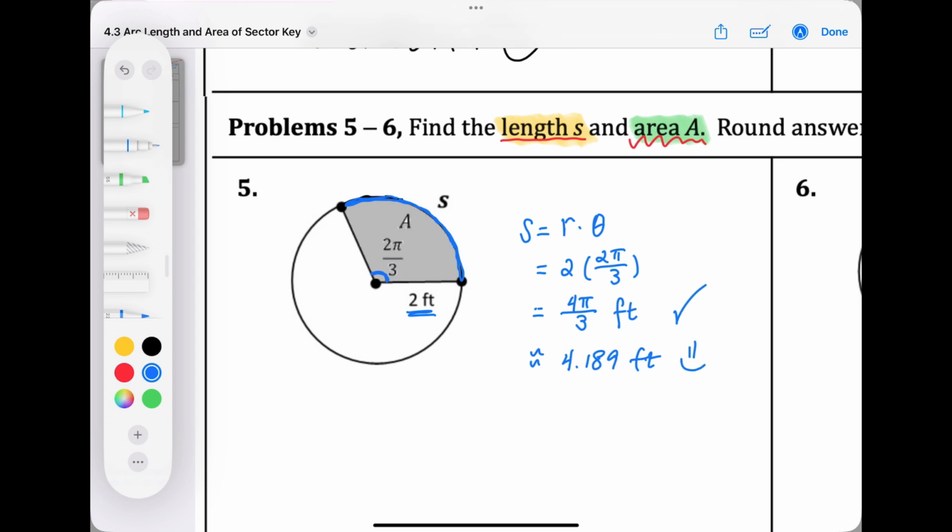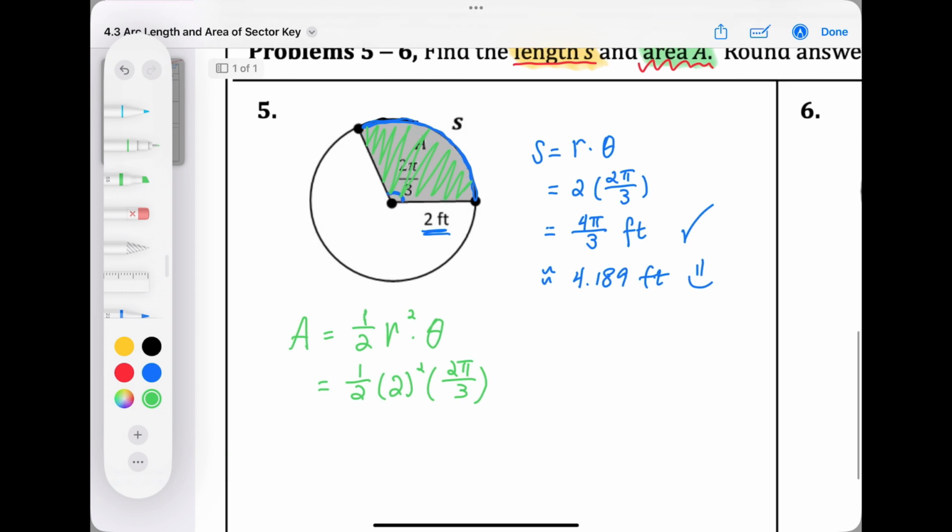Good? All right. Then when we talk about the area of the sector, that means how much pizza I ate, the pizza right here. So the formula tells me it's 1/2 times the r squared times the central angle theta. So what you see is what you got, 1/2 the radius 2 squared and times my central angle is 2 pi over 3.